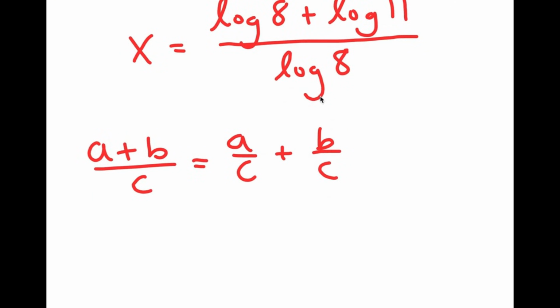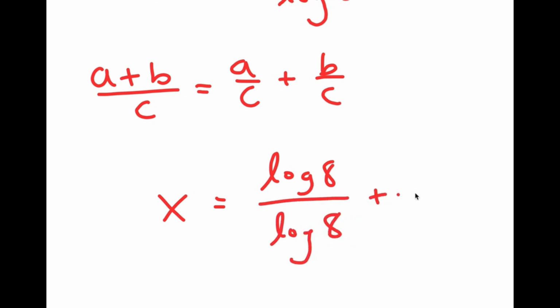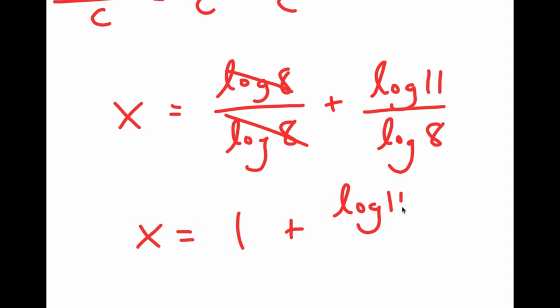So log 8 plus log 11 over log 8, I can write that as log 8 over log 8 plus log 11 over log 8. Now, log 8 and log 8 cancel out to get 1. So I get 1 plus log 11 over log 8.